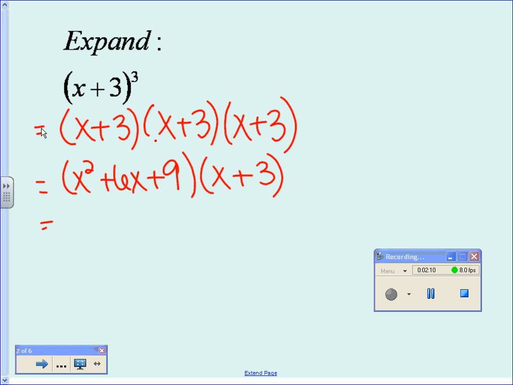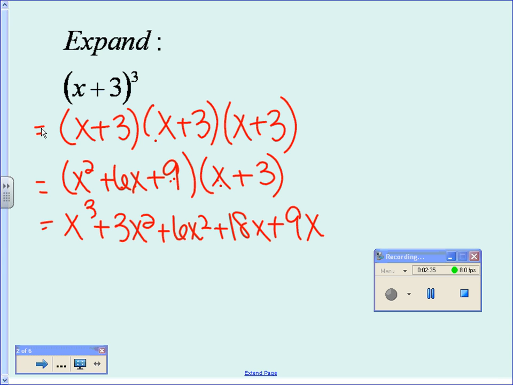Yep, x times x squared is x cubed, x squared times 3, 6x times x, 6x times 3, 9 times x, 9 times 3 is 27. You have a 3 term by a 2 term. What's 3 times 2? Do we have 6 terms? So we probably didn't leave one out. Does that make sense?